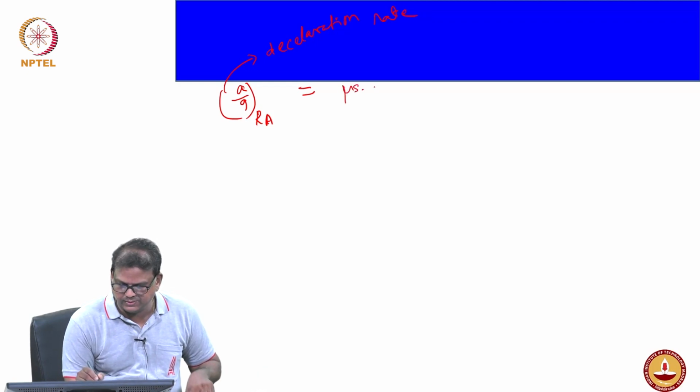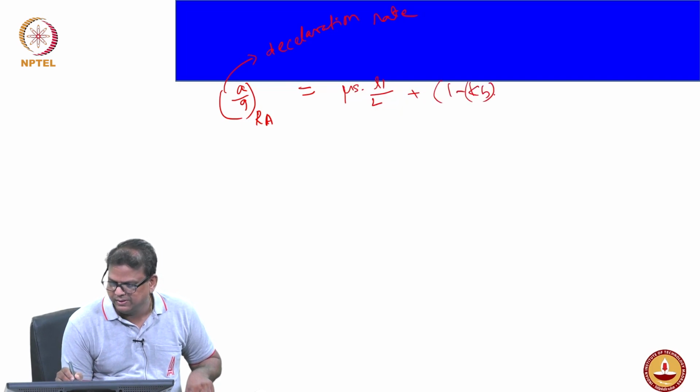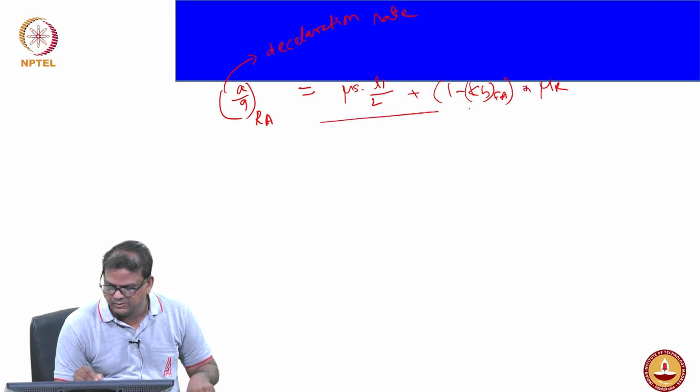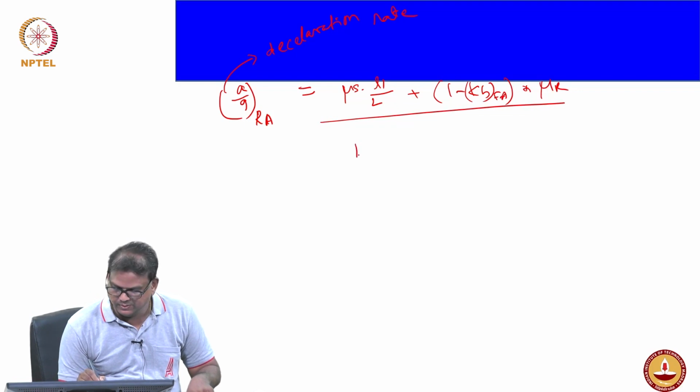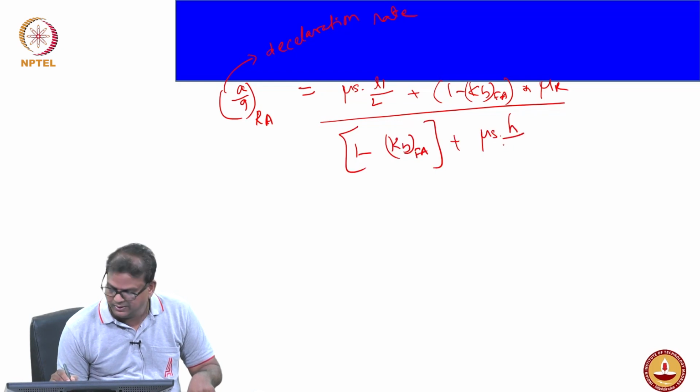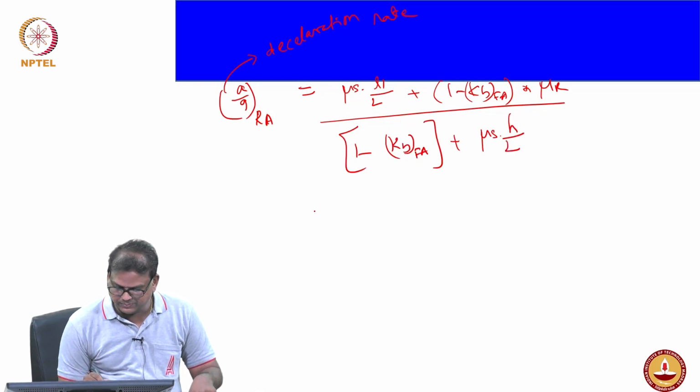Mu s L1 by L, this 1 minus KB front axle, into mu r, 1 minus KB front axle, plus mu s h by L. Substitute the values, please.